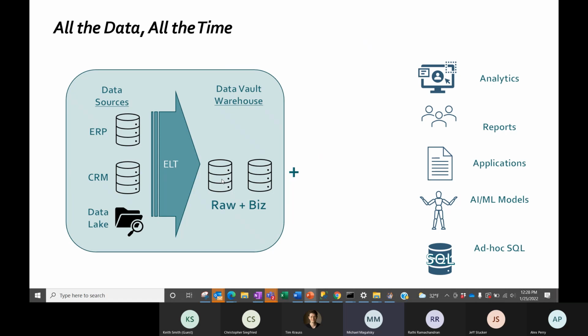The raw Data Vault is a data model that's modeled in hubs, satellites and links. It changes the structure and format of the data, but it doesn't change the contents of the data. So from the raw layer, if modeled correctly, we could always reverse engineer the source systems from which that data came.